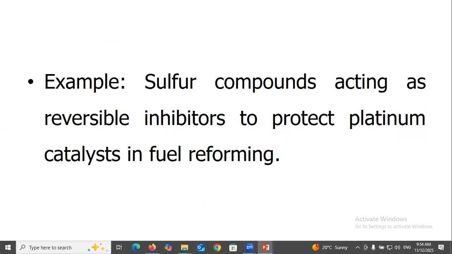For example, sulfur compounds act as reversible inhibitors to protect the platinum catalyst in fuel reforming.